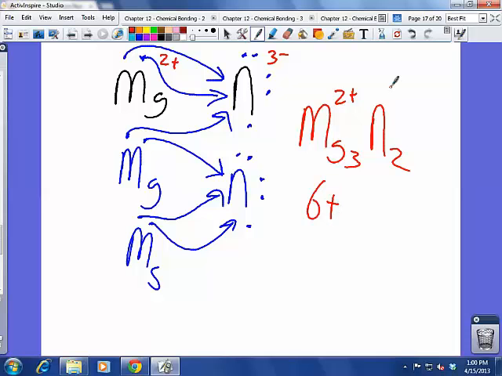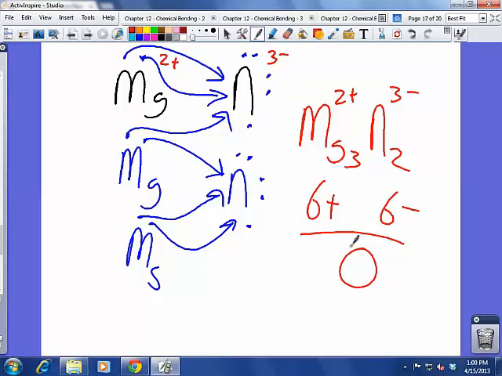Each of these nitrogen atoms had -3, so the total charge here was -6. So really, in the end, this molecule doesn't have any charge at all. We can use that to help us out.